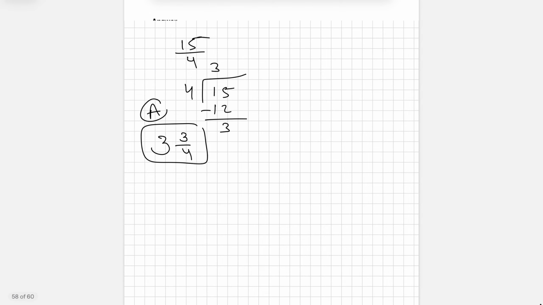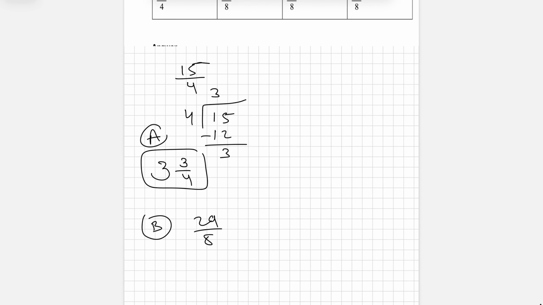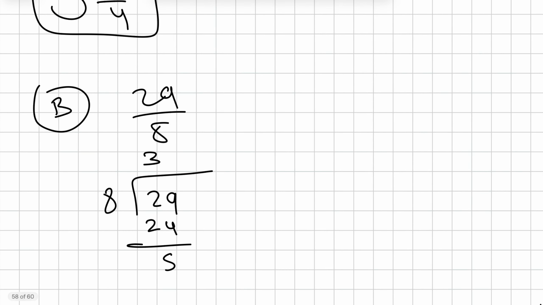Let's go with option B. We have 29 over 8. Long division, 8 here, 29 there. 3 times 8 is 24, subtract, and we get 5. So the answer is 3 and 5 over 8. This is another option.